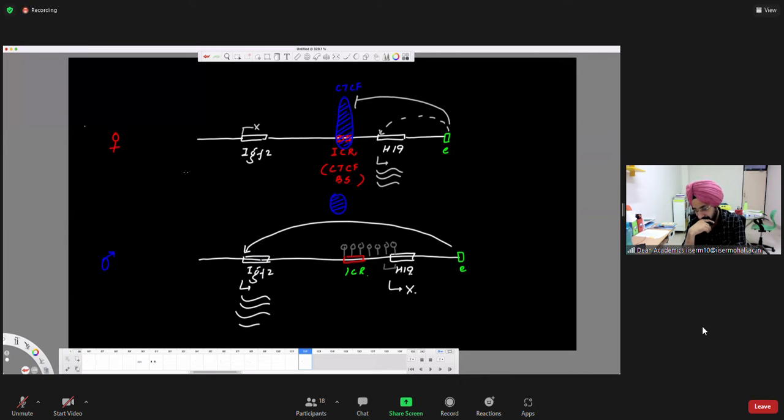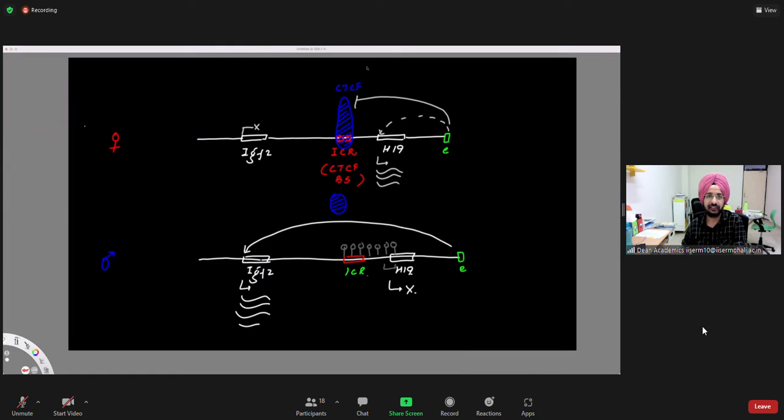Just give me a minute, I think I got it wrong. Let me check whether it was maternal or paternal. Sorry about this, looking into some notes.